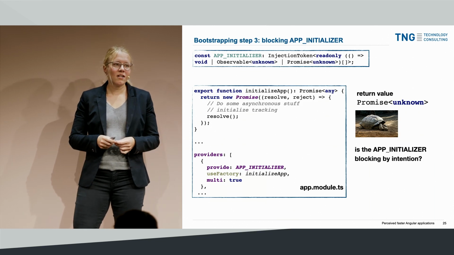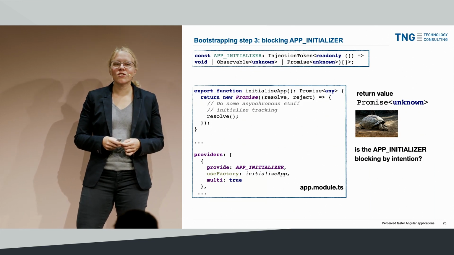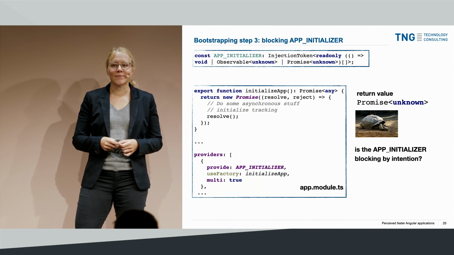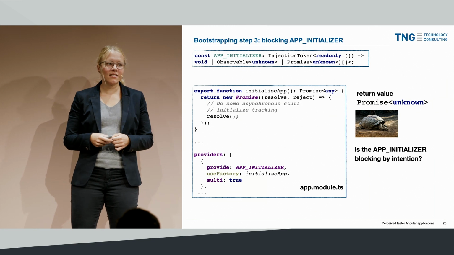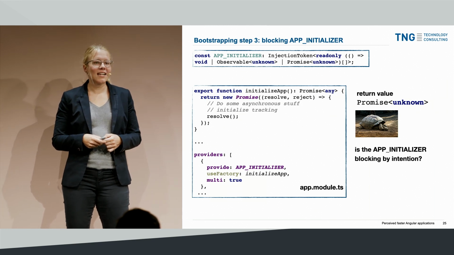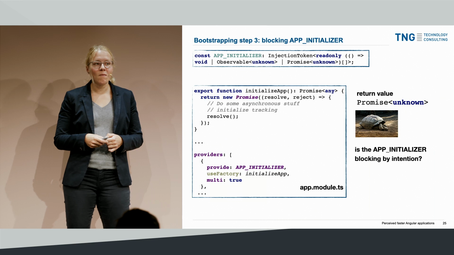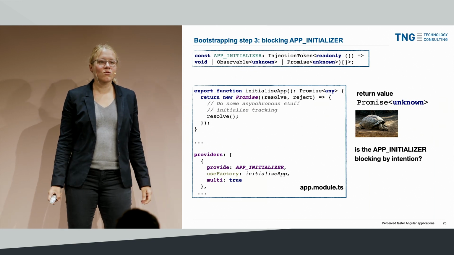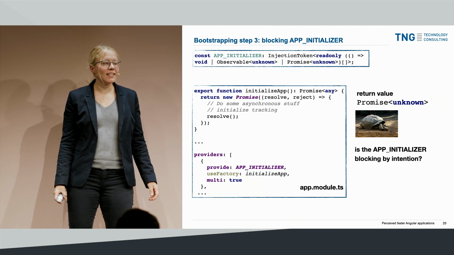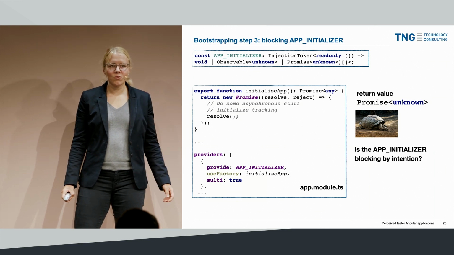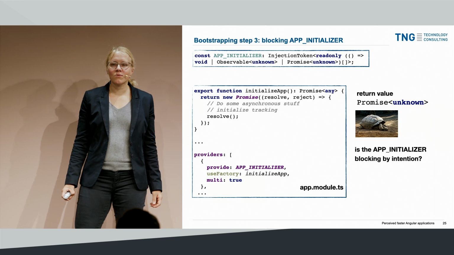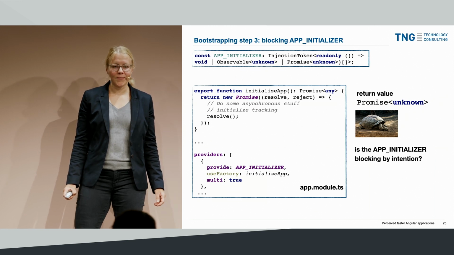And I saw code trying to load some tracking setup upfront. We wanted to inject some tracking JavaScript. We wanted to set up some global window parameters in order to base the tracking on some initial data. And I saw code which was doing this in a promise-returning app initializer.